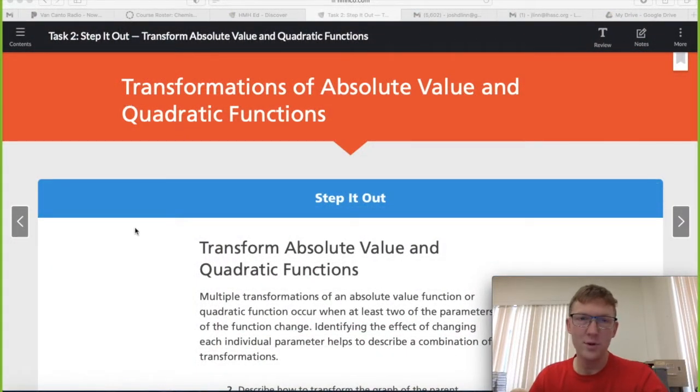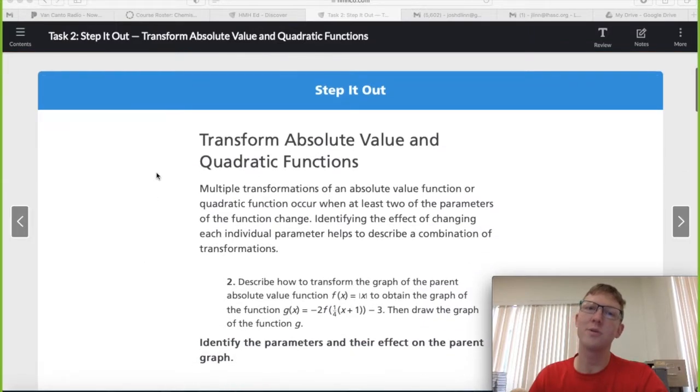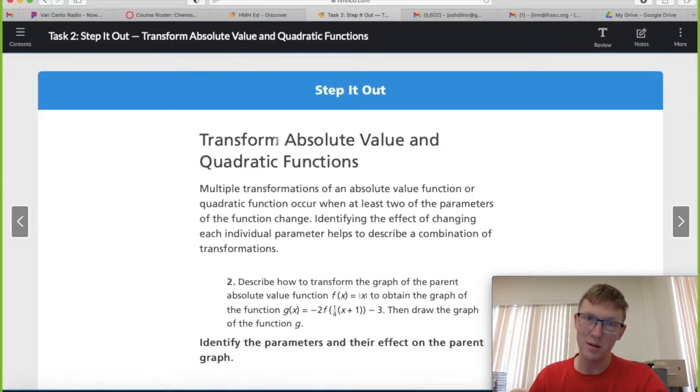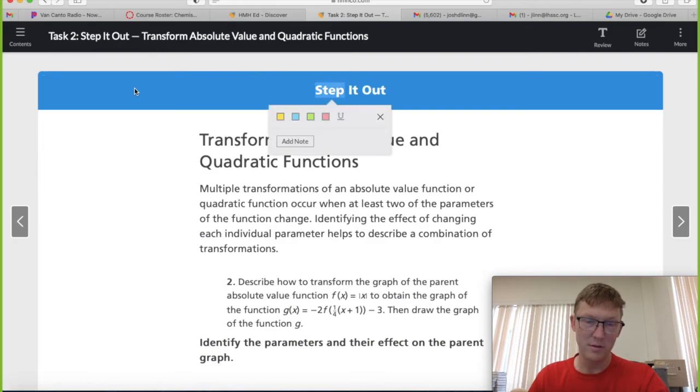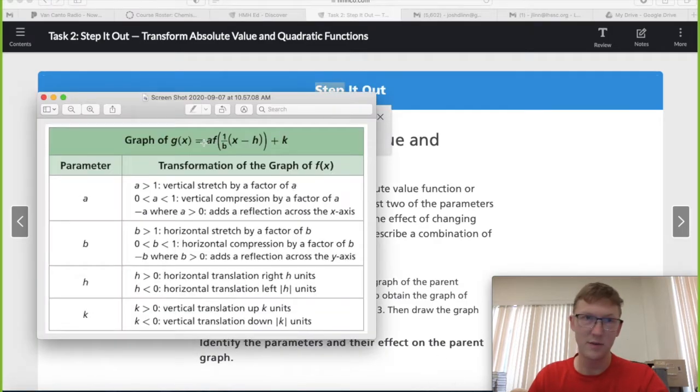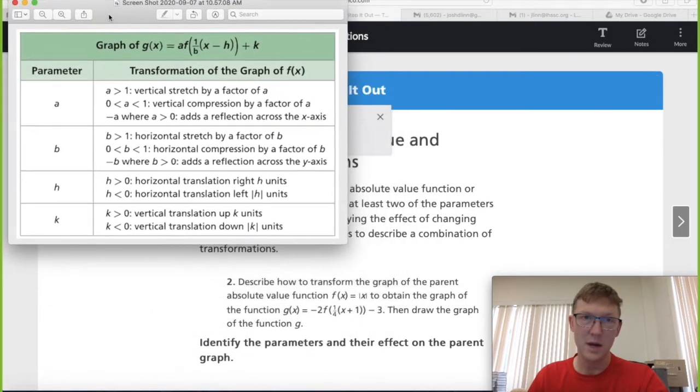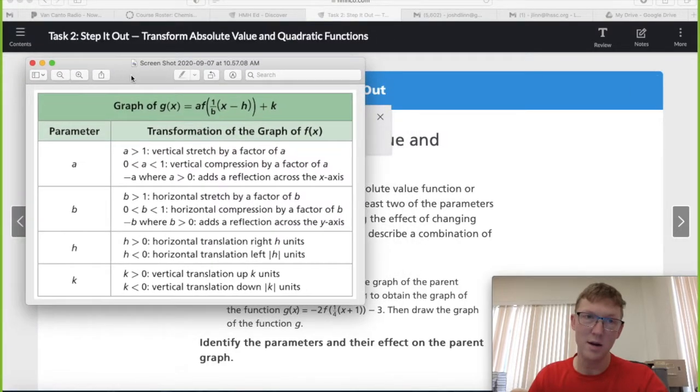As hopefully you have anticipated, we are now going to be transforming our absolute values and quadratic functions. So remember, let's see if I still have it up. Yes. This is our transformation hinty graphy thing right here.